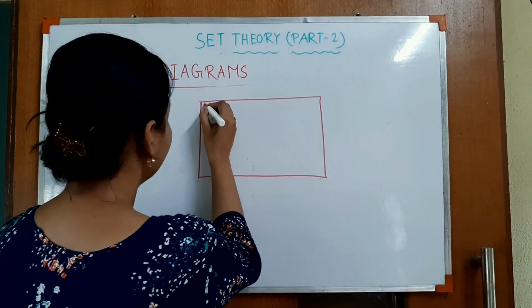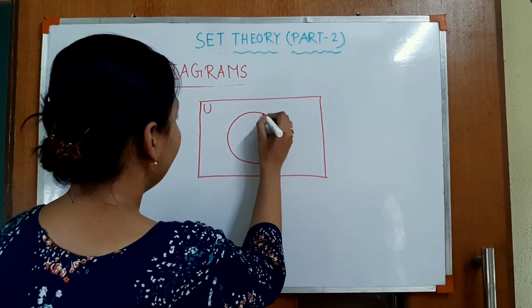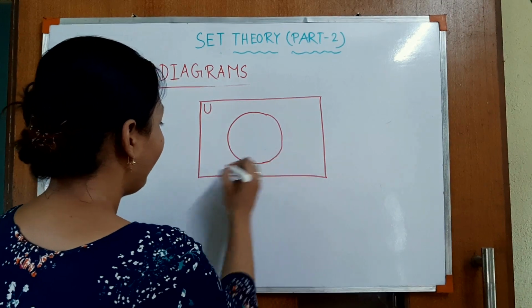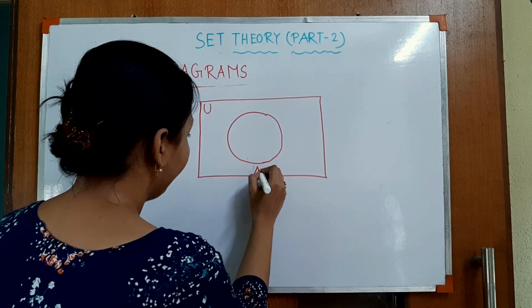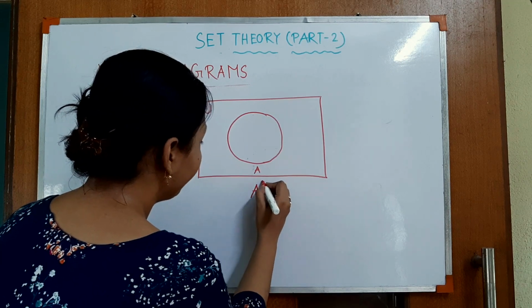Next, this is the universal set. Here we draw one set A, and here the relation is A complement.